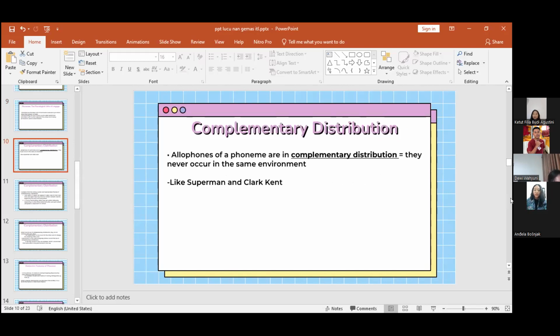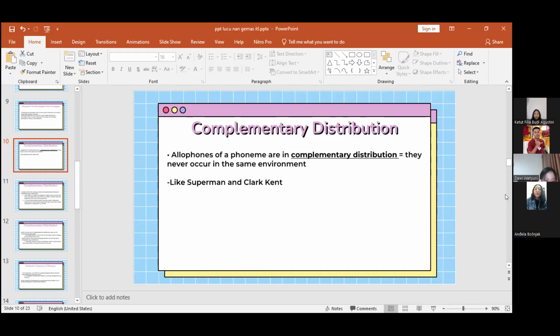So now we will talk about complementary distribution. Allophones of a phoneme are in complementary distribution. They never occur in the same environments. An example is Superman and Clark Kent. You have to know who Clark Kent is.